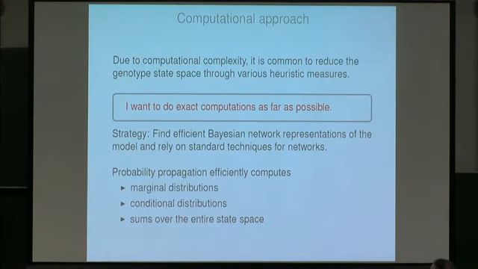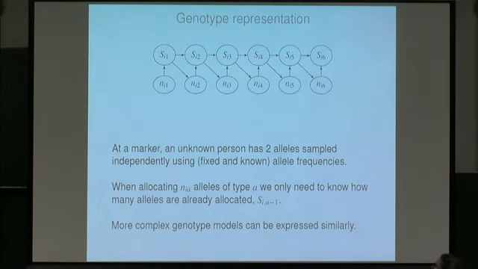Probability propagation especially is really good at computing various marginal distributions in the network, various conditional distributions, and in general sums over the entire state space. And this last point is what I'm going to show you a slide on. I will stop in a bit.